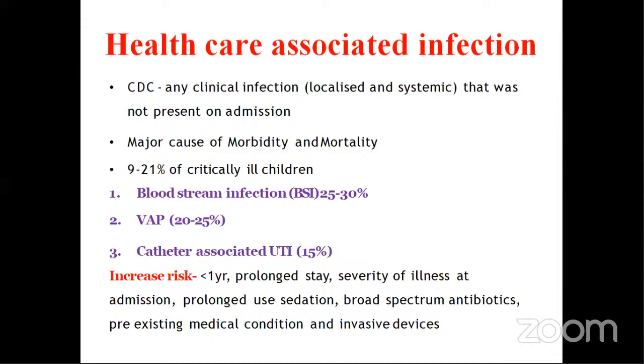The risk factors are age less than 1 year, prolonged stay in ICU, severity of illness at admission, prolonged use of sedation in ICU, use of broad spectrum antibiotics right at the outset, pre-existing medical conditions, or use of invasive devices in the intensive care unit.